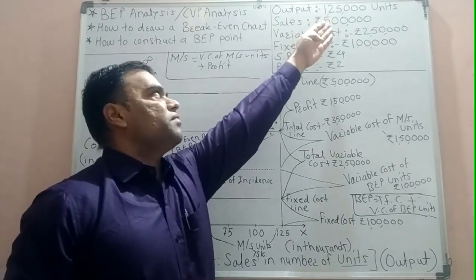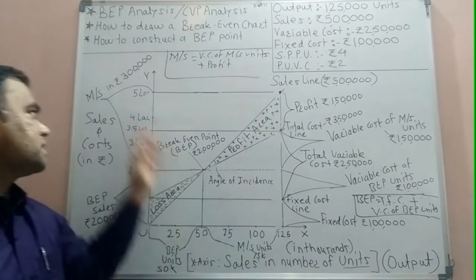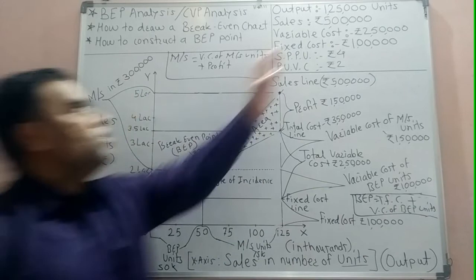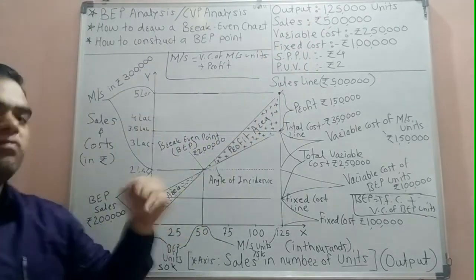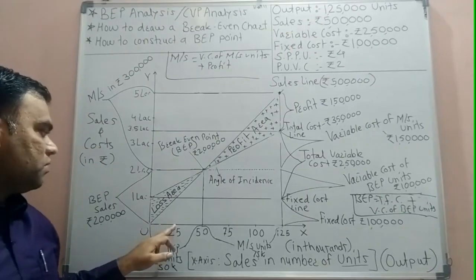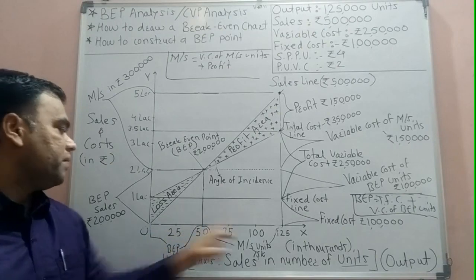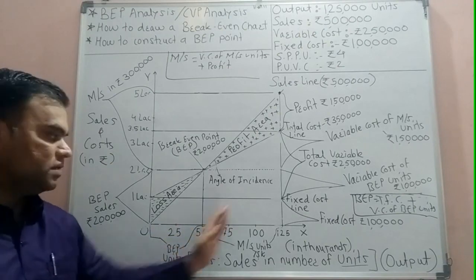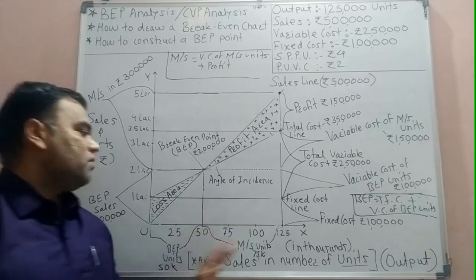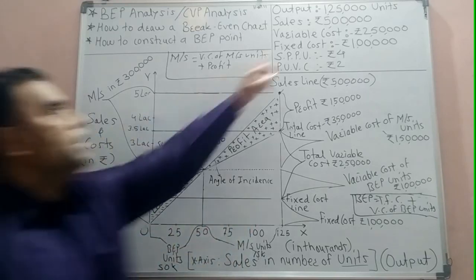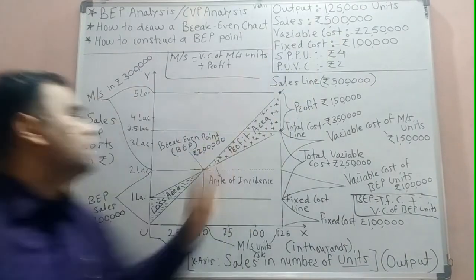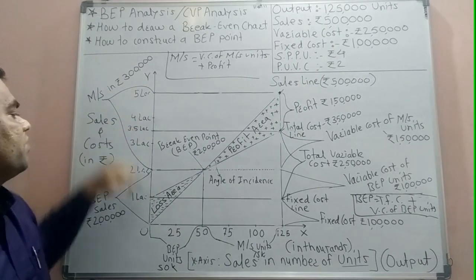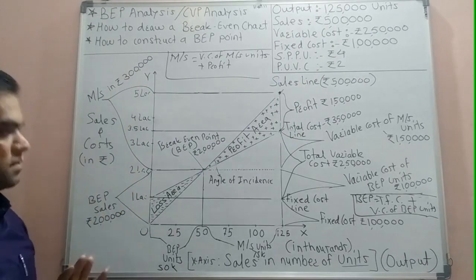Suppose we divide by 5, then 5 points on x-axis, 5 points on y-axis. 1,25,000 divided by 5 is 25,000, so the difference between every point on the x-axis will be 25,000. And here 5 lakh divided by 5 is 1 lakh, so the difference between each point on the y-axis will be 1 lakh.